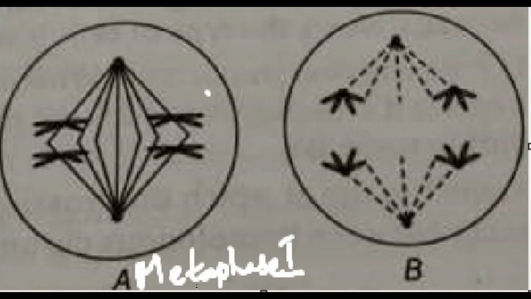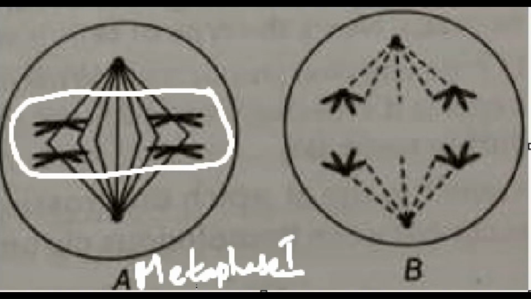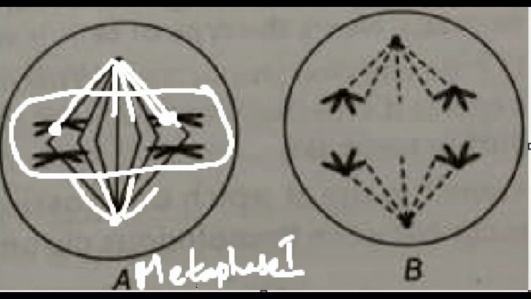Because you see here the homologous chromosomes are assembled in the equator area, and the spindle fibers are coming from the polar regions towards the kinetochore area of the homologous chromosomes. These are the spindle fibers. So this is metaphase 1, A.